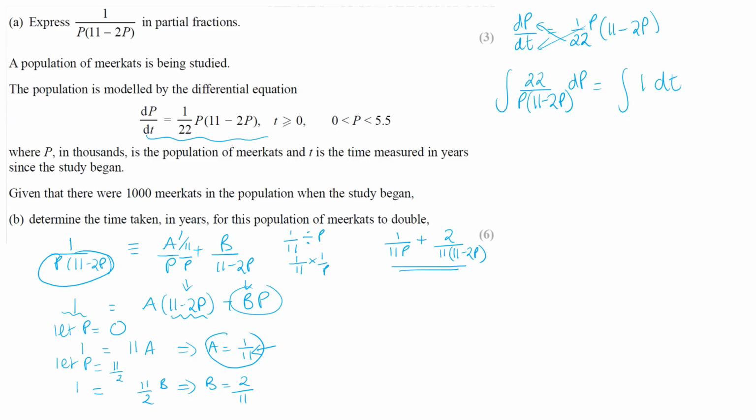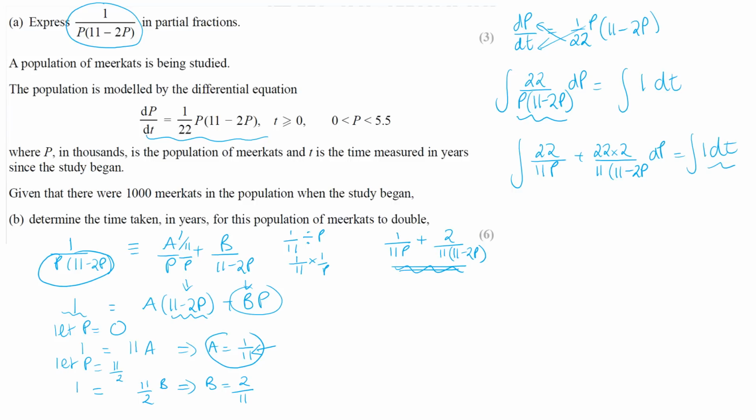Now we can substitute in that our partial fractions were the equivalent to the 1 over p into 11 minus 2p, so we've still got our 22 there, and we can use our partial fractions, so it's just going to be 22 over 11p plus 22 times 2 over 11 minus 2p dp is equal to the integral of 1 dt.